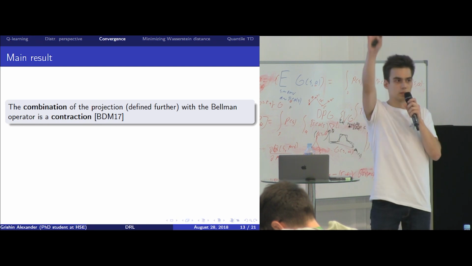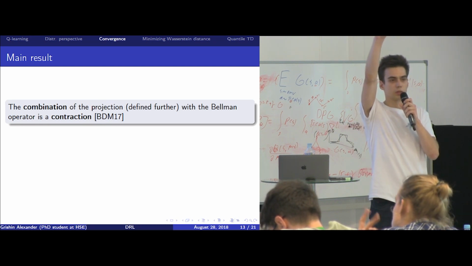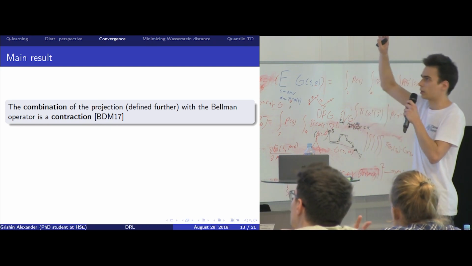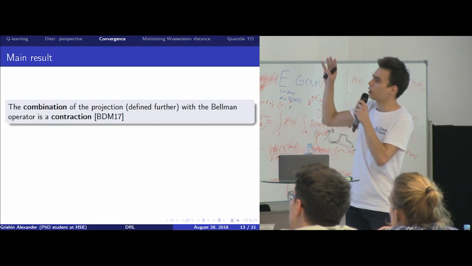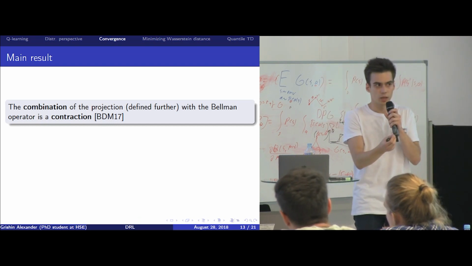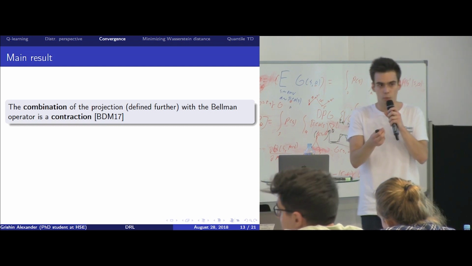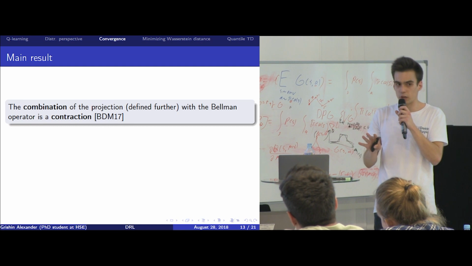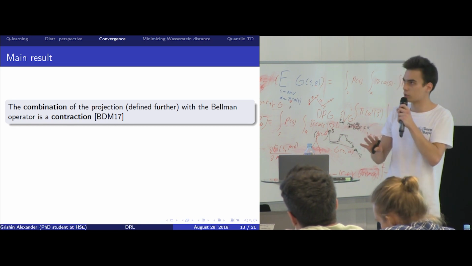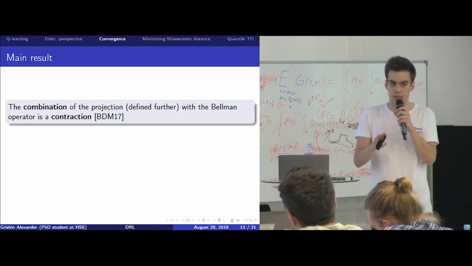Who understands this statement? Okay, another try. We had the Bellman operator, and in the non-distributional case, we didn't need any approximation, so the contraction holds even in the practical sense.